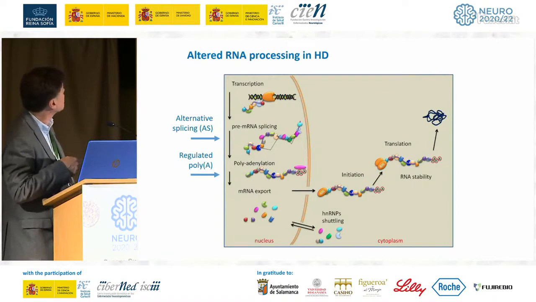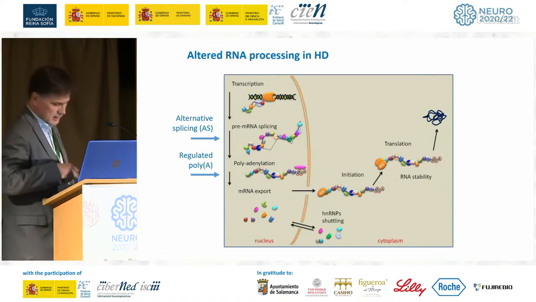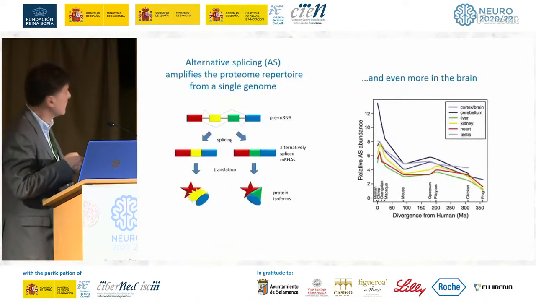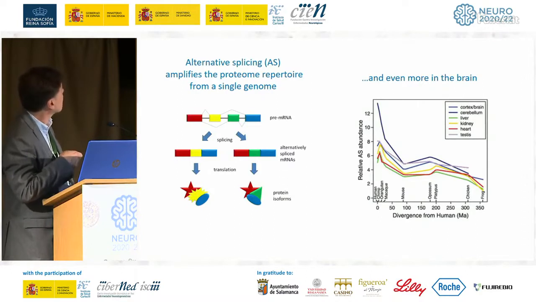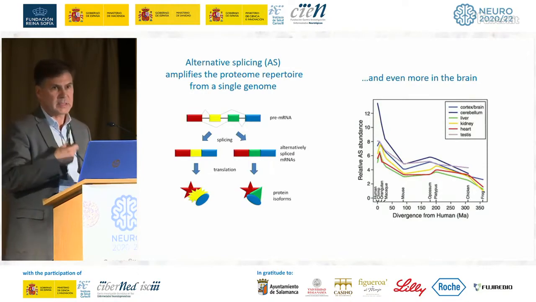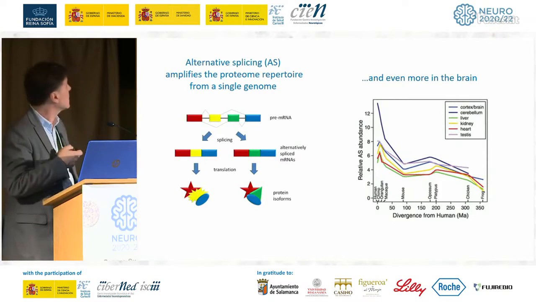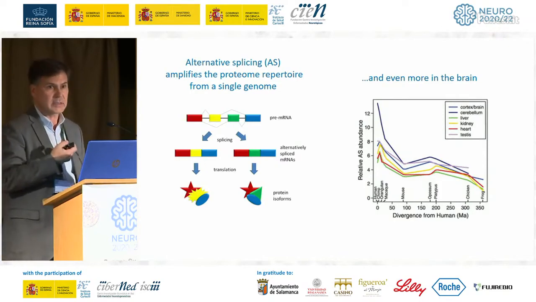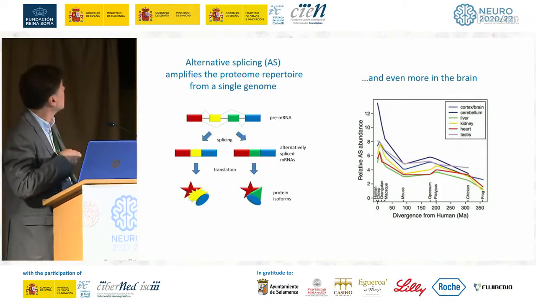And I will show you that one of these alterations is splicing, that, as you know, is the removal of non-coding regions of the transcripts, the introns, to leave only the coding ones, the exons. But splicing not always happens in the same way for a given transcript, and that originates what is called alternative splicing.